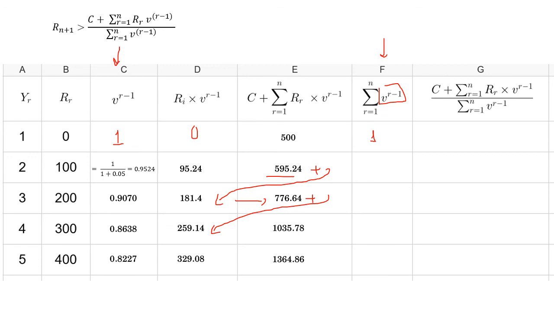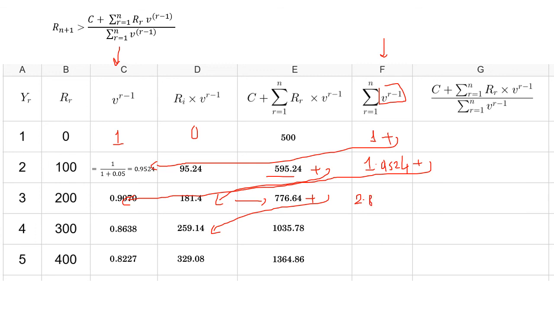For n equals 2, r goes from 1 to 2, so 1 plus 0.9524 is 1.9524. Then 1.9524 plus 0.907 gives 2.8594, and so on.